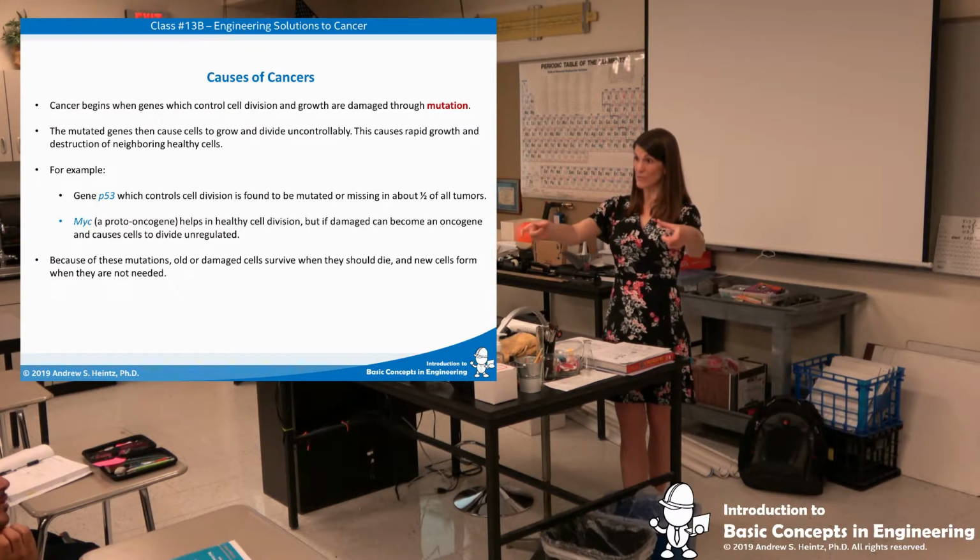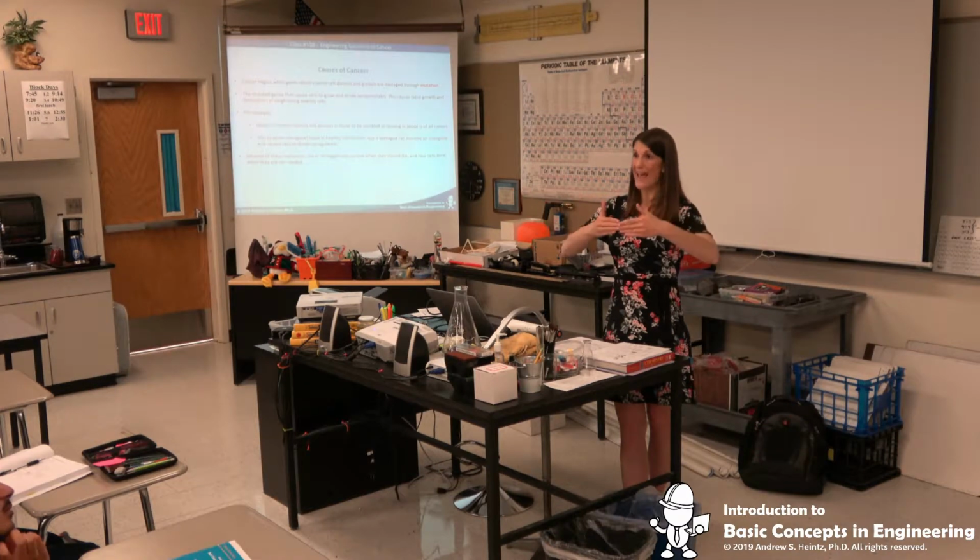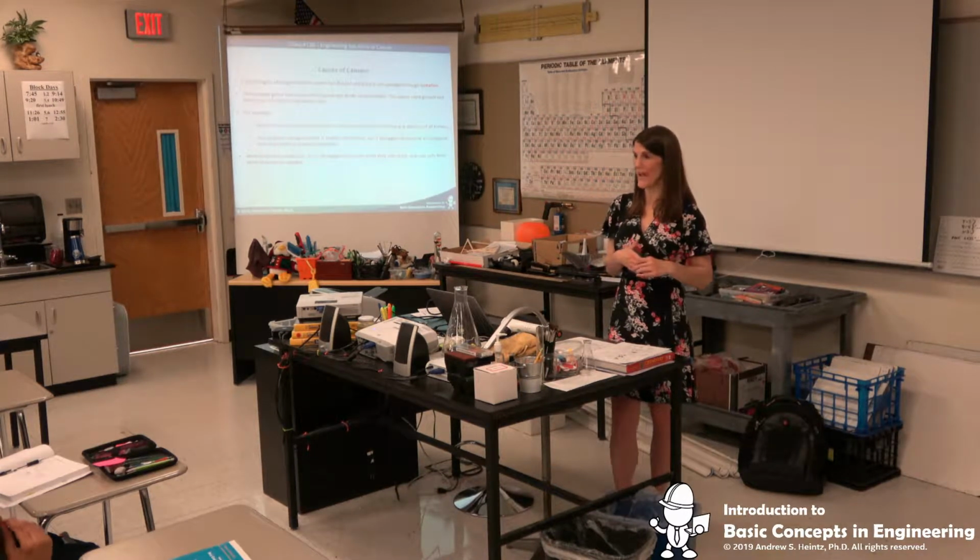And so now that mutation becomes part of the bigger picture. And then if a second mutation happens on top of that one, and then maybe a third mutation happens on top, that's where we get into this cascade of continual mutations, and that's what causes cancer to happen.